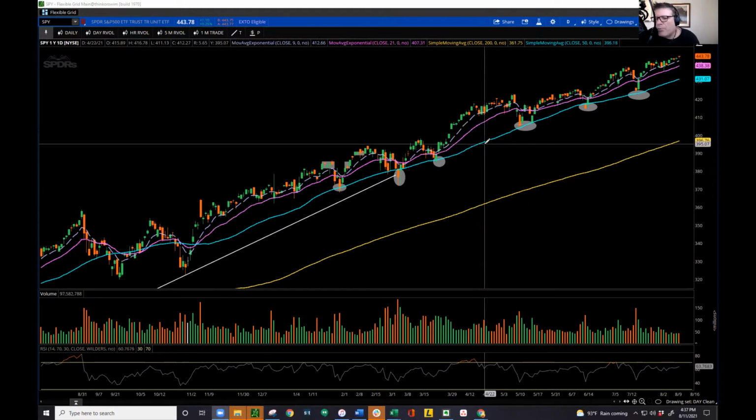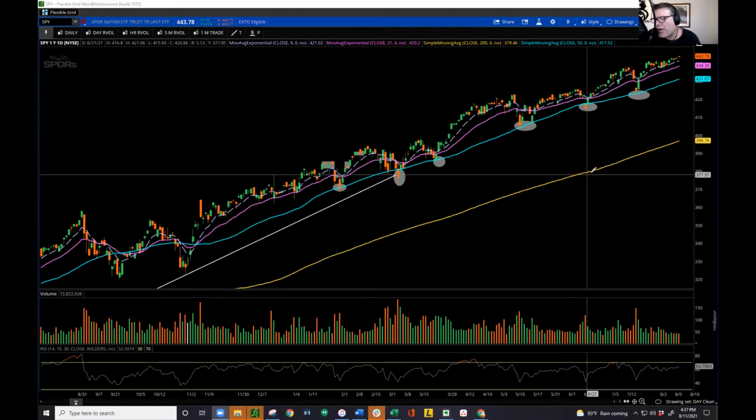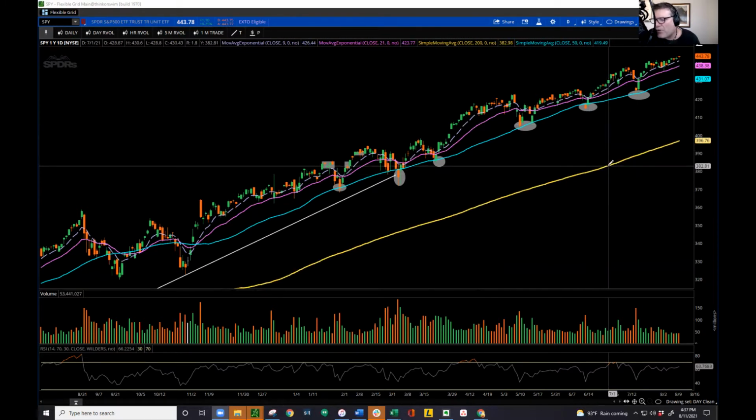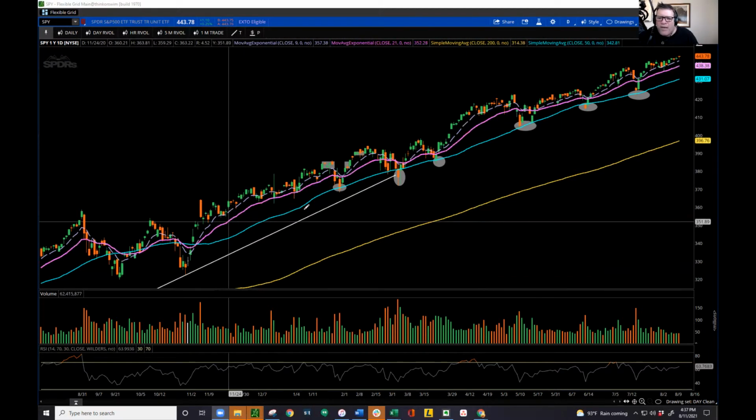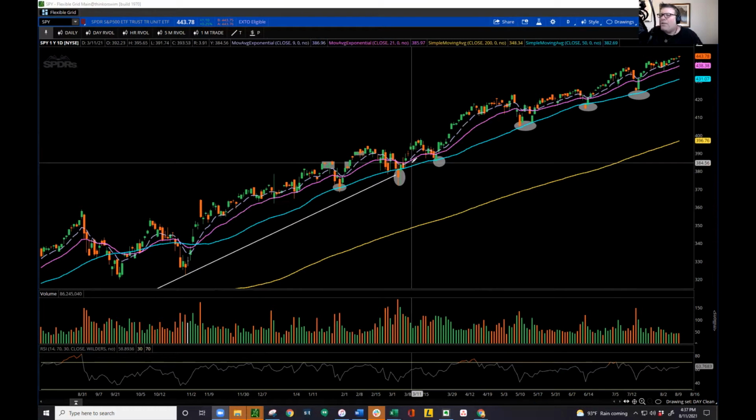Now, what we have in the blue is the 50 simple moving average, and then the 200 simple moving average is in yellow. They're really good for more of the longer term trends. Now, if you look at the SPY here, I talked about that, it's in an active sequence.